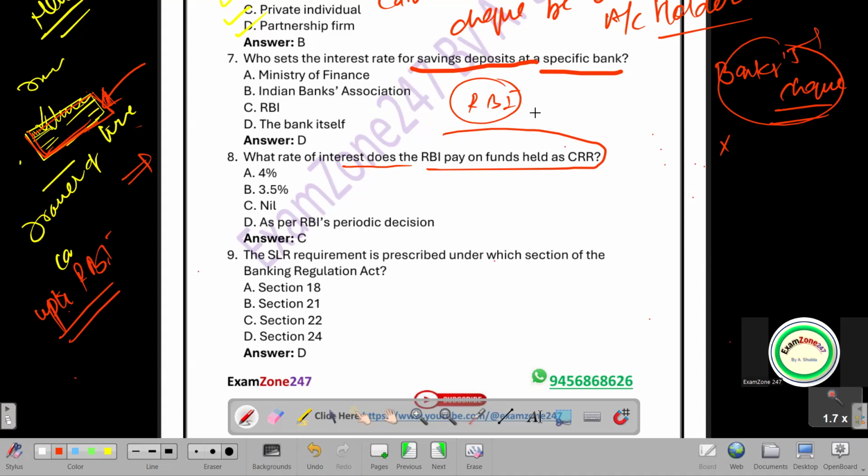But what is happening, you will see some banks offering a number of variable interest rates. Somewhere it is 3%, somewhere 4%, somewhere there may be more than 4% if you put a higher amount in a saving account. Then it is clear that RBI is not controlling this. Okay, it is up to individual banks how they pay the interest rate.